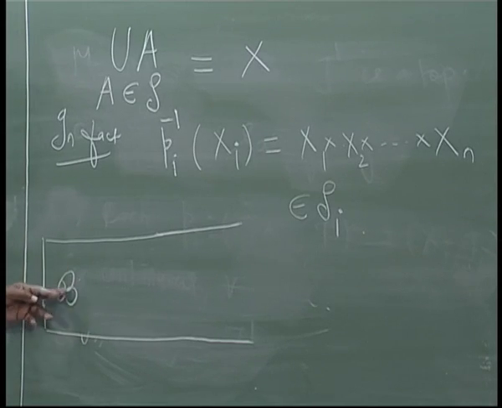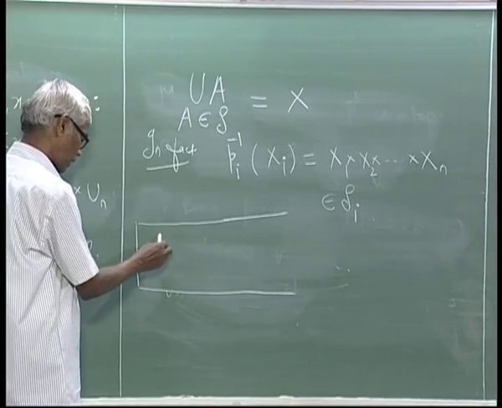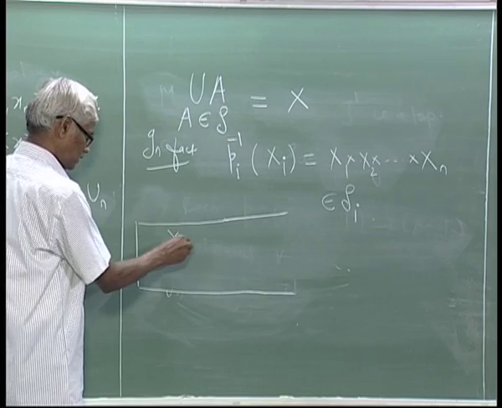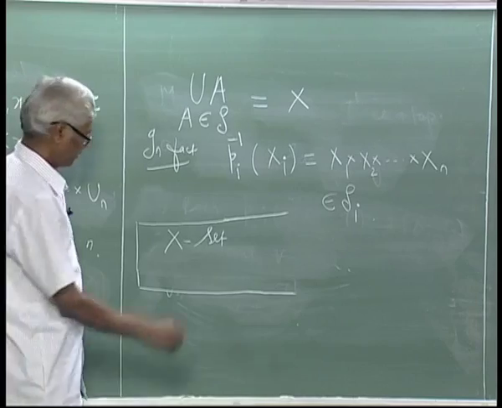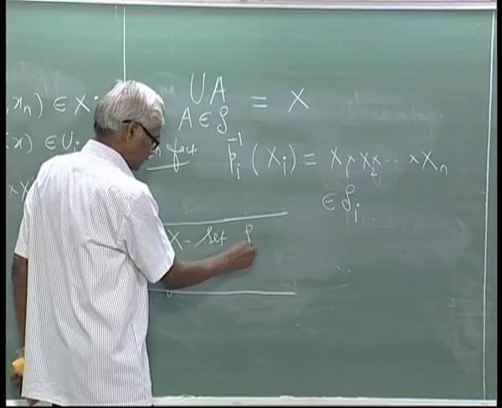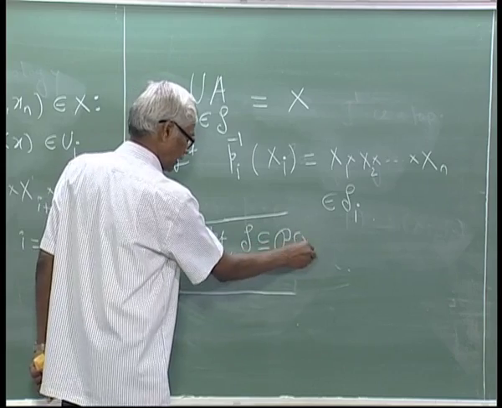From that we will generate a topology, for which script beta will become a subcollection. In fact we can go for a still smaller collection. Just X is any set, and script S is a subcollection of the power set of X.